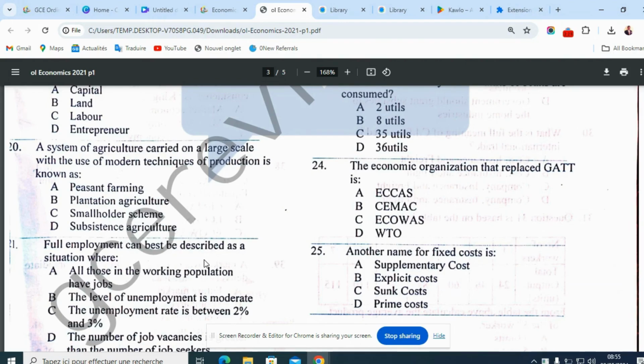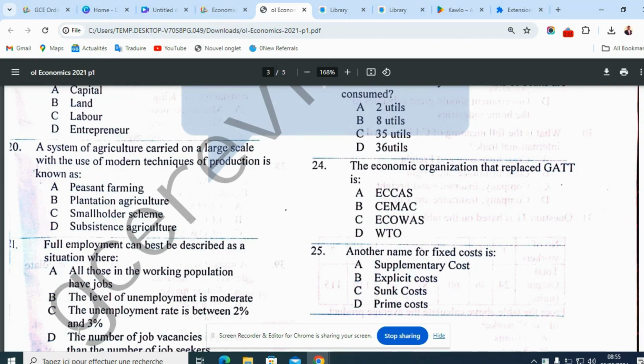Now let's go to 21. Full employment can best be described as a situation where all those in the working population have jobs. The correct answer here is C, which is the unemployment rate is between 2% and 3%. Okay, so full employment does not actually mean that everybody in the country is employed.